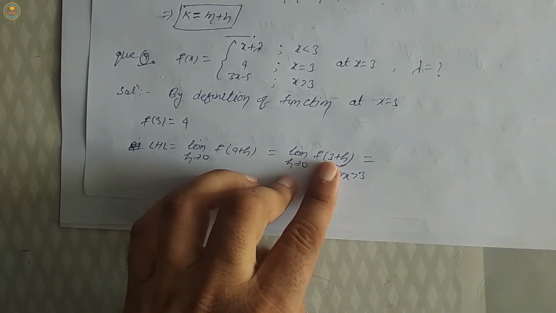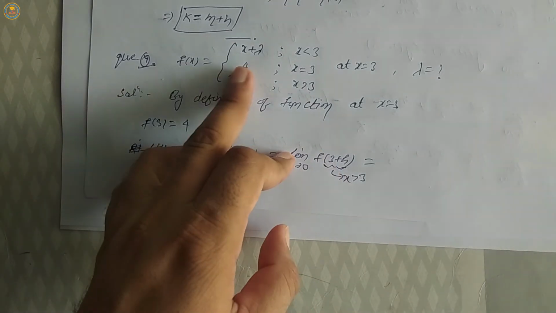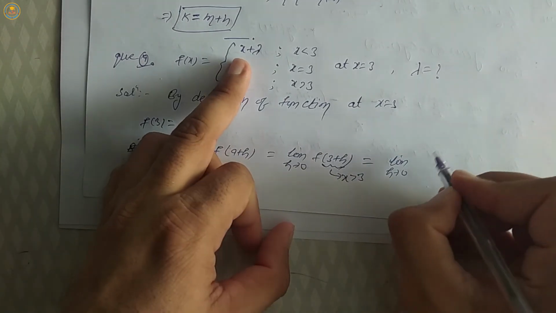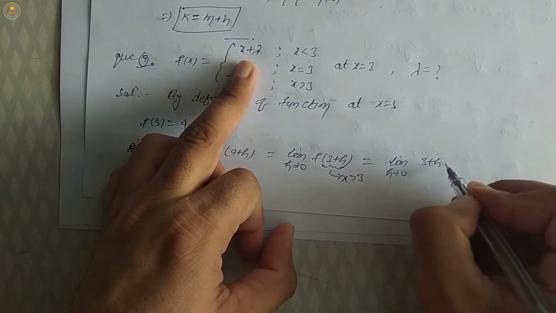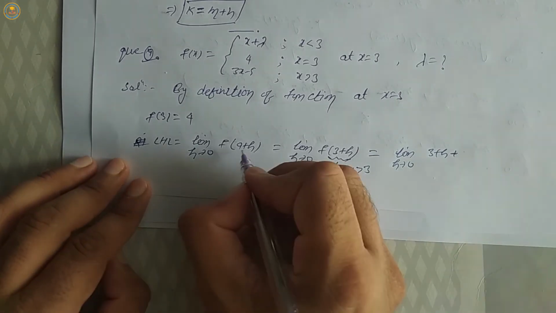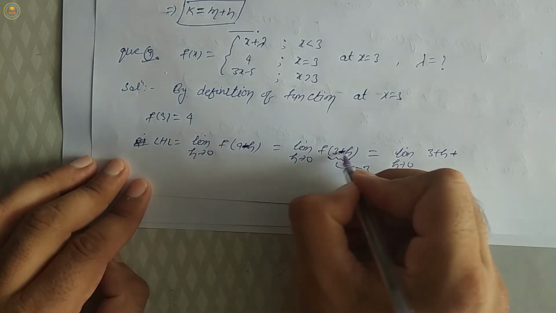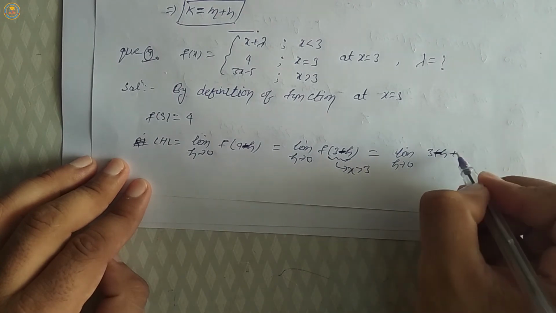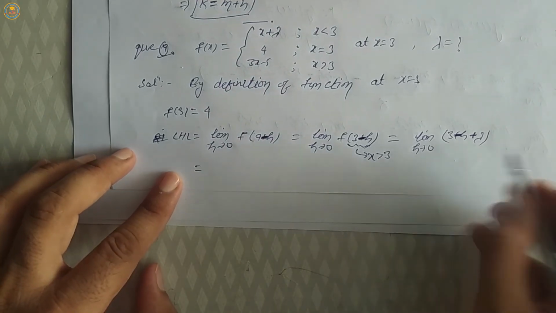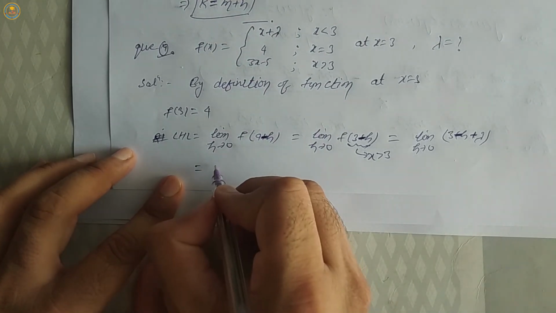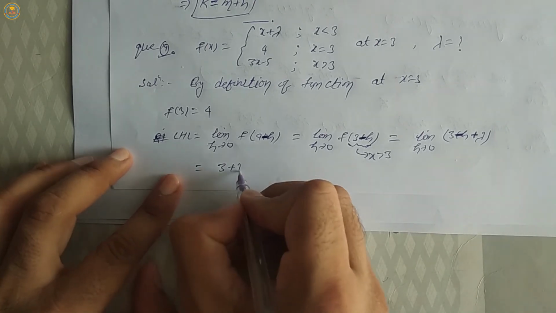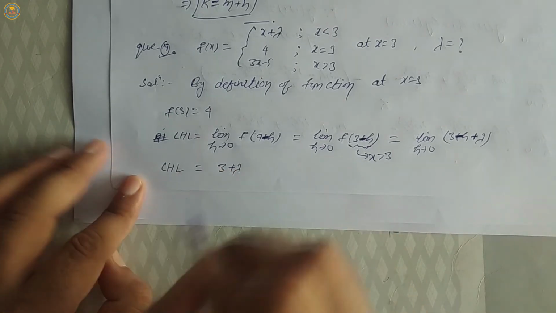Putting the value of x in the function f(x) is equal to x plus lambda, limit h tends to 0 of 3 minus h plus lambda. Putting the value of h equal to 0, it means 3 plus lambda. LHL is equal to 3 plus lambda.